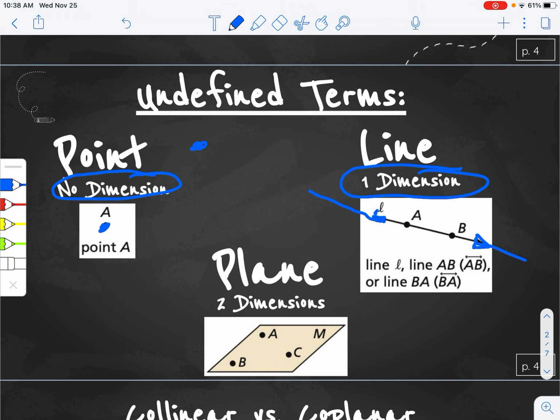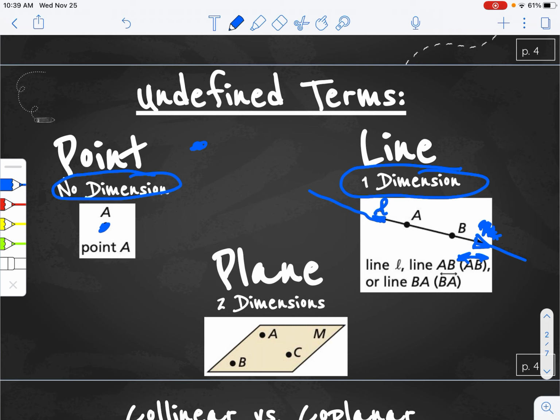When we name the line, you can see the cursive L. If you see a cursive letter, a lot of times you'll see M's or P's or things like that, we can just call it line L, or if there was a cursive lowercase m, we could call it line M. Another way that we could label it is line AB, and it has the line with the arrow on top of it.